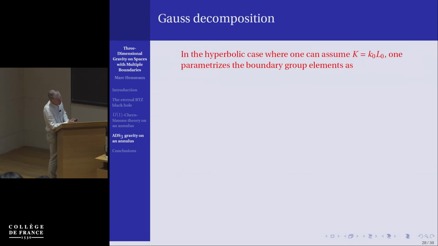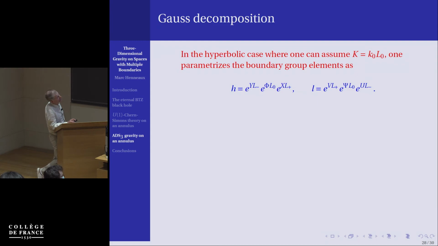Now, as I said, in the hyperbolic case, which is the one relevant for the black hole, you can assume that the holonomy is along L0, and the Gauss decomposition of the group element is just in terms of a lower triangular matrix, the Cartan subalgebra term, and the raising operator.